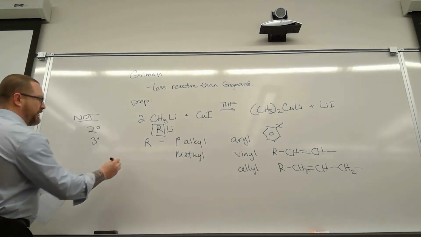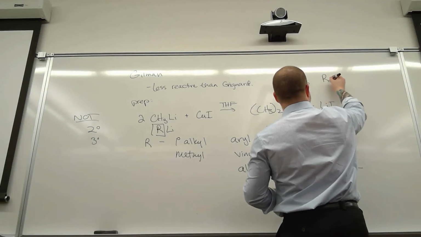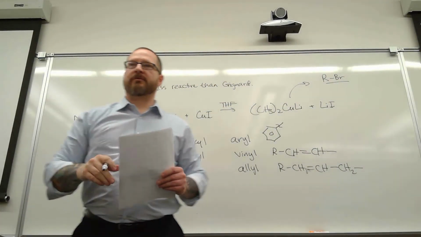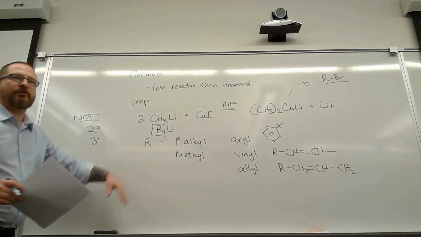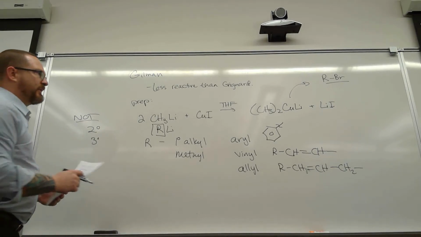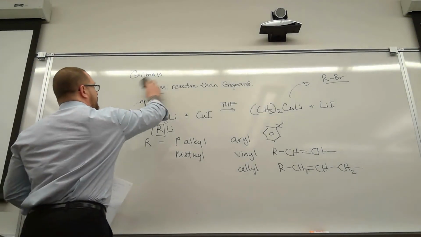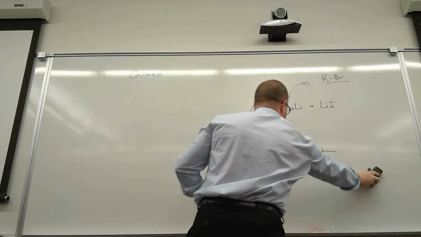And if we are now going to react this with some alkyl halide to form a new carbon-carbon bond, that R group can be any of these R groups. So now we have a lot of different things we can make. So let's look at how that goes.